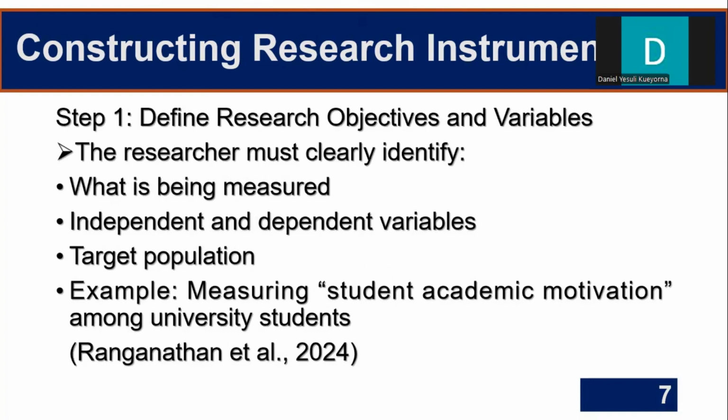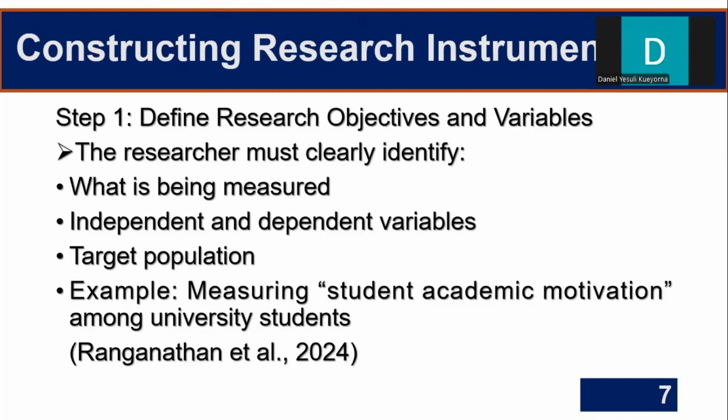Now, let's look at steps in doing this. Number one, you have to define the research objectives and the variables. You have to clearly define them in your study. You must clearly identify what is being measured. What are you going to measure? Then the independent and the dependent variables that are involved in your research, you have to clearly identify all of them.